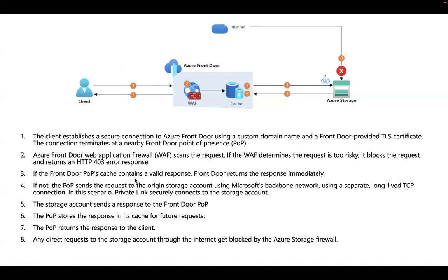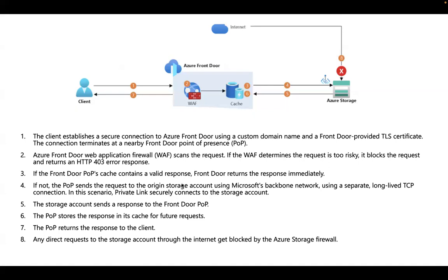If the Front Door POP's cache contains a valid response, Front Door returns the response immediately. So the client has requested something and the cache has the response, then it will immediately respond back with whatever data the client is requesting. If not, the POP sends the request to the origin storage account using the Microsoft backbone network, using a separate long-lived TCP connection. In this scenario, Private Link securely connects to the storage account.